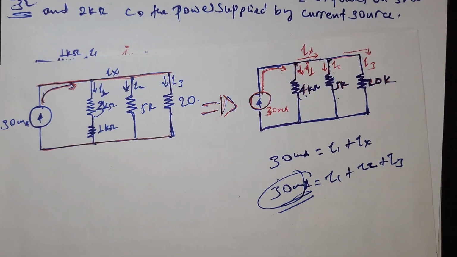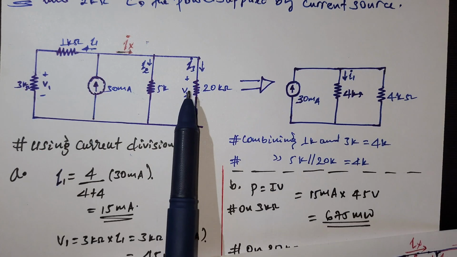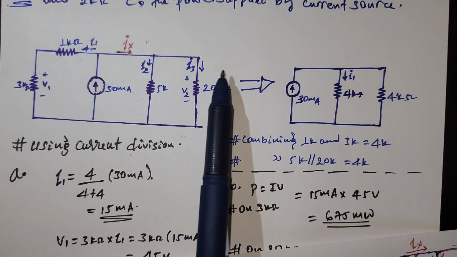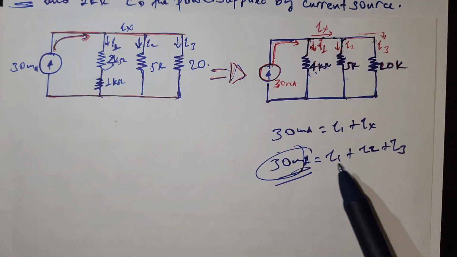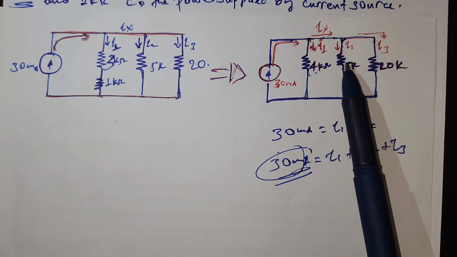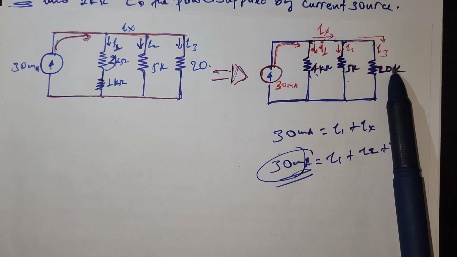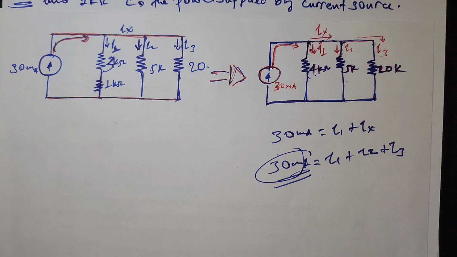We already know the source current. In order to calculate the voltage V2, we need to know I3, the amount of current on the 20K ohm resistor. So we need to use the current division rule. By combining the two resistors, I2 and I3, since they are parallel, we can combine them into a single branch.